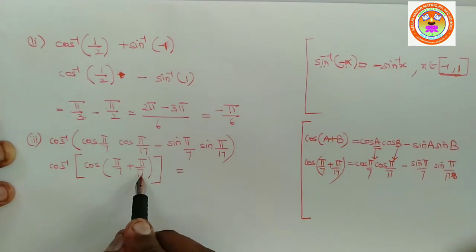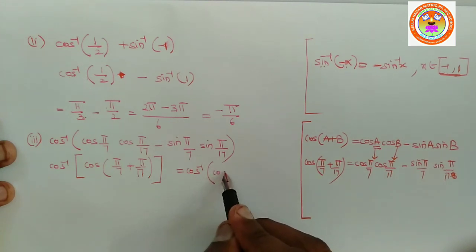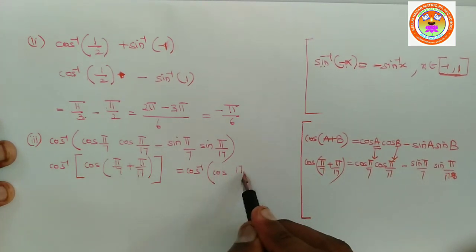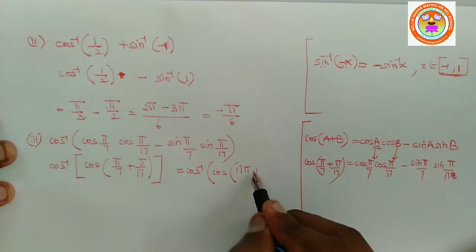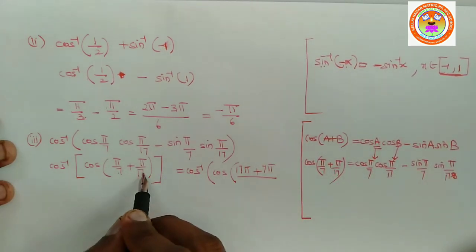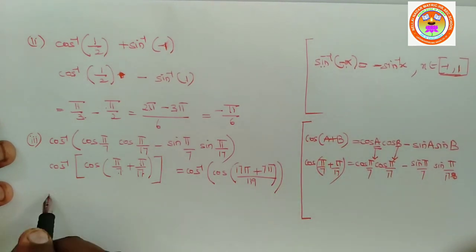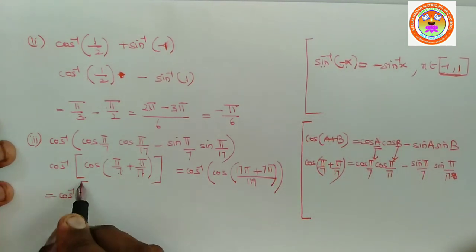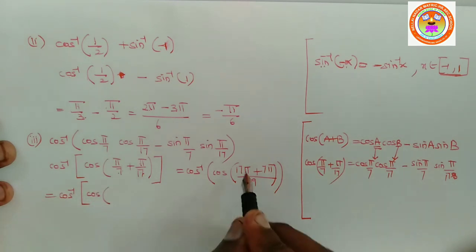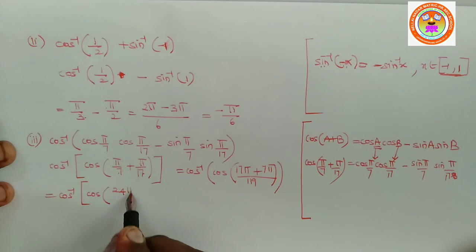This one we can cross multiply. 17 into pi is 17 pi plus 7 into pi is 7 pi, 7 into 17 is 119. So it's nothing but cos inverse of cos of 17 plus 7 is 24 pi, 24 pi divided by 119.